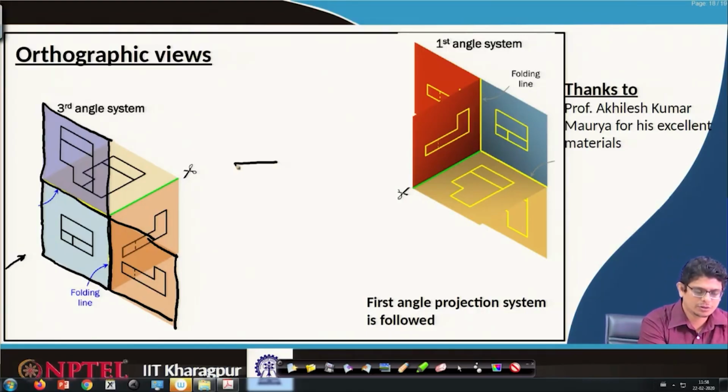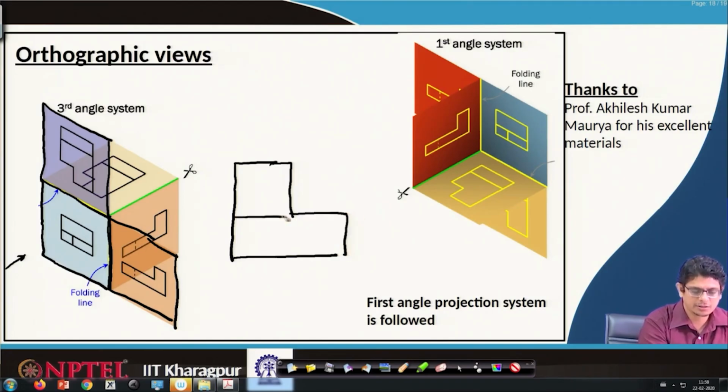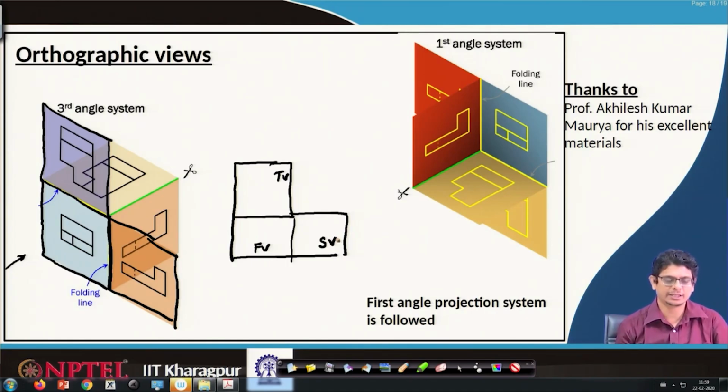So, we will see in third angle projection, the top view is now placed at this level, the front view is placed at this level, and the side view, whatever we flipped, comes in that direction.